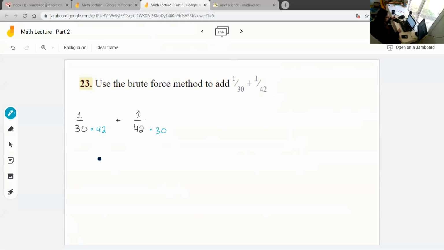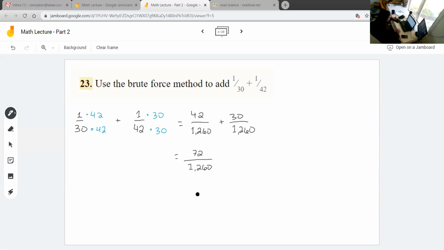Everyone see what's happening? If I do something to the bottom, to be fair, I have to do it to the top. And voila, I have 42 somethings plus 30 somethings. What is 30 times 42? 1,260. My calculator did that for me. So I wind up with 72 over 1,260.